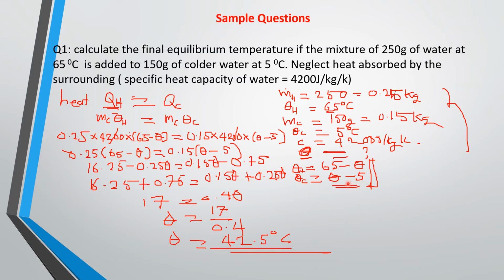If you understand that, you can easily get the temperature change. Once you have gotten the temperature change, the remaining thing is just to use your MC theta. Heat loss by hot body is equal to heat gain by cold body, and then you do your little mathematics and get your final answer. I hope this is clear and understood.